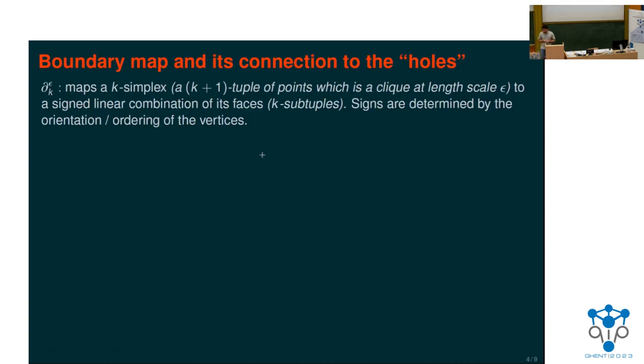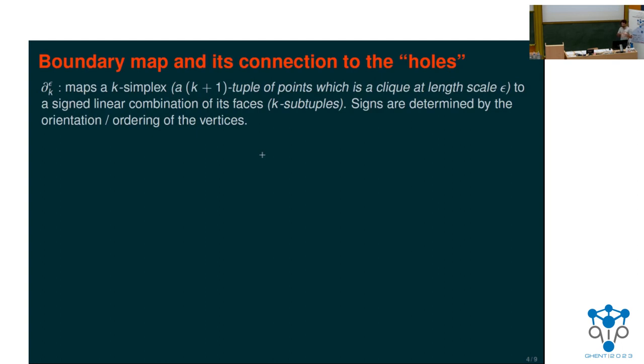Well, before going into a bit more detail about how the algorithm works, a very key concept is the boundary map, which helps us understand these holes in a linear algebraic fashion. So this boundary map, d_k epsilon, maps a k-simplex, which is a (k+1)-tuple of points that are in a clique at the length scale that you look at, where epsilon refers to the length scale we are at currently.